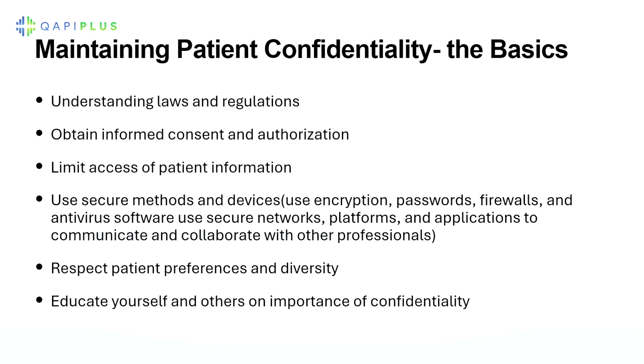All right, so continuing on, let's just review the basics here. In terms of maintaining our patient confidentiality, we're looking at understanding laws and regulations. We want to make sure we know what those are. We want to make sure that we know the process and that we're carrying out receiving informed consent and authorization.